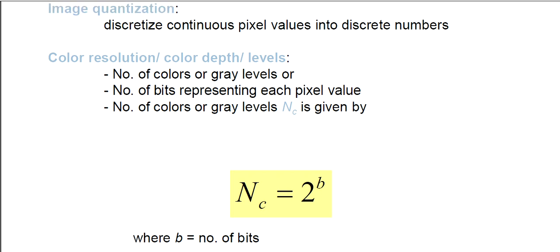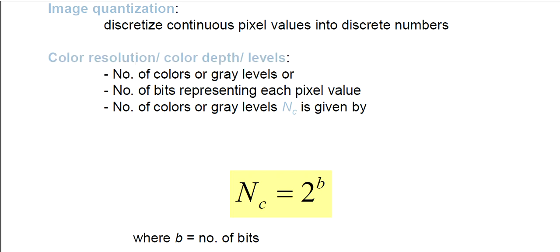Now, the next term is image quantization. Image quantization can be defined as a process to discretize continuous pixel values into discrete numbers. With this definition, one more technical term is related, that is color resolution or color depth or levels.